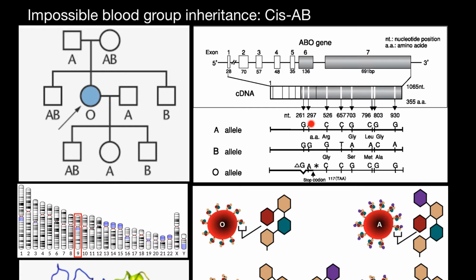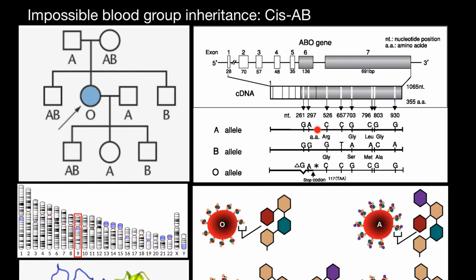And for example, at position 297 the nucleotide would be adenine here, and here would be guanine. And again, at position 526, the A allele would have cytosine, and the B allele would have guanine.